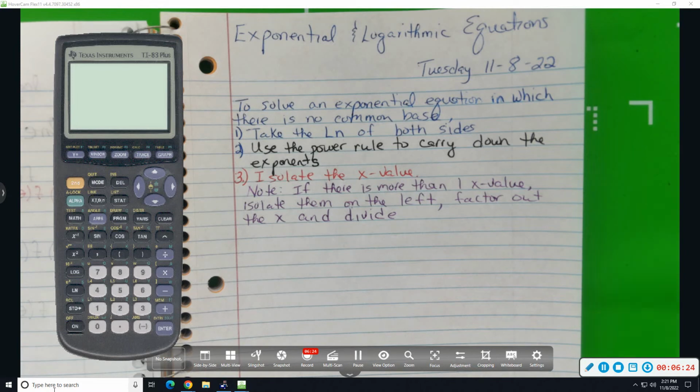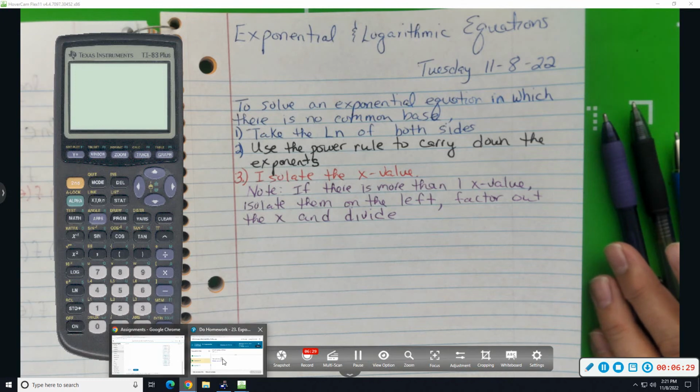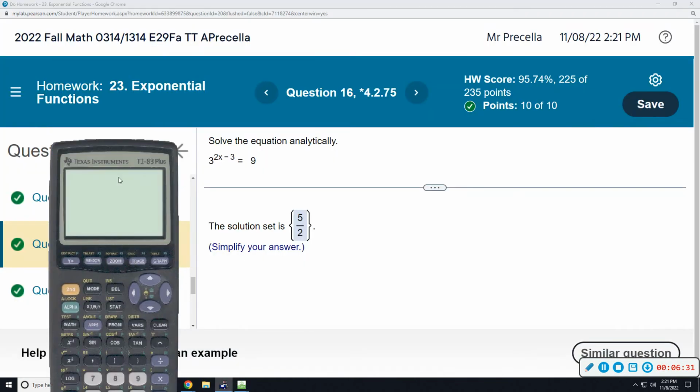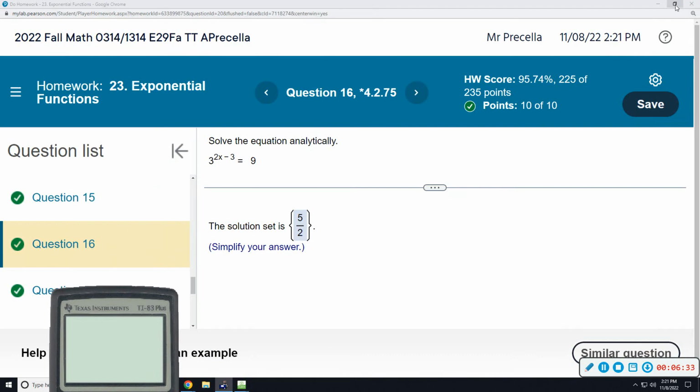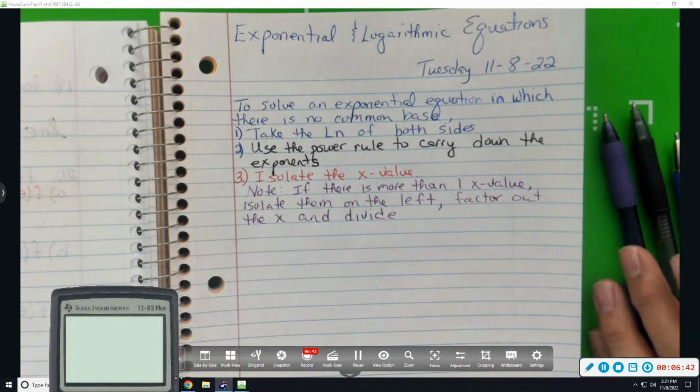Let me find the problem, because I think I'm still on the wrong assignment here. What is that? Exit. Oh, let's just say cancel and save it. Okay.